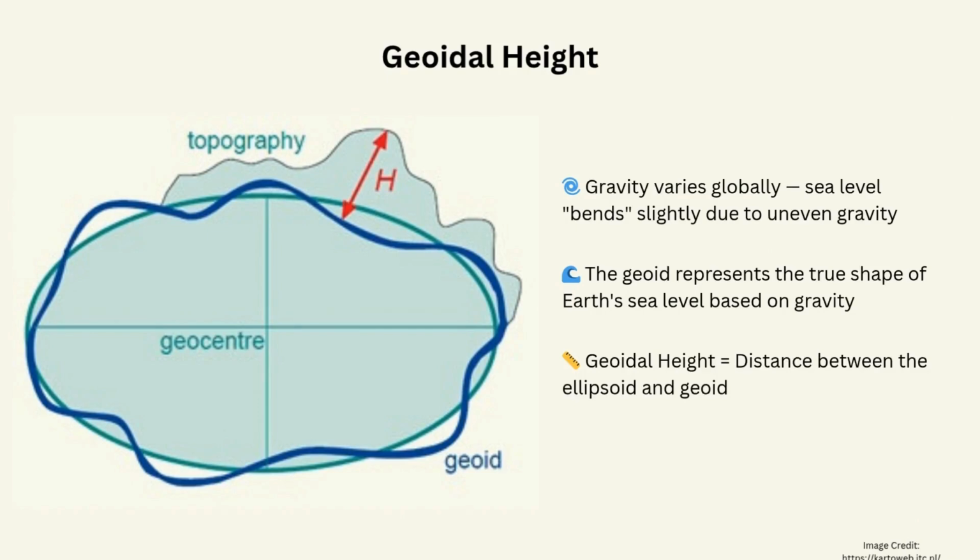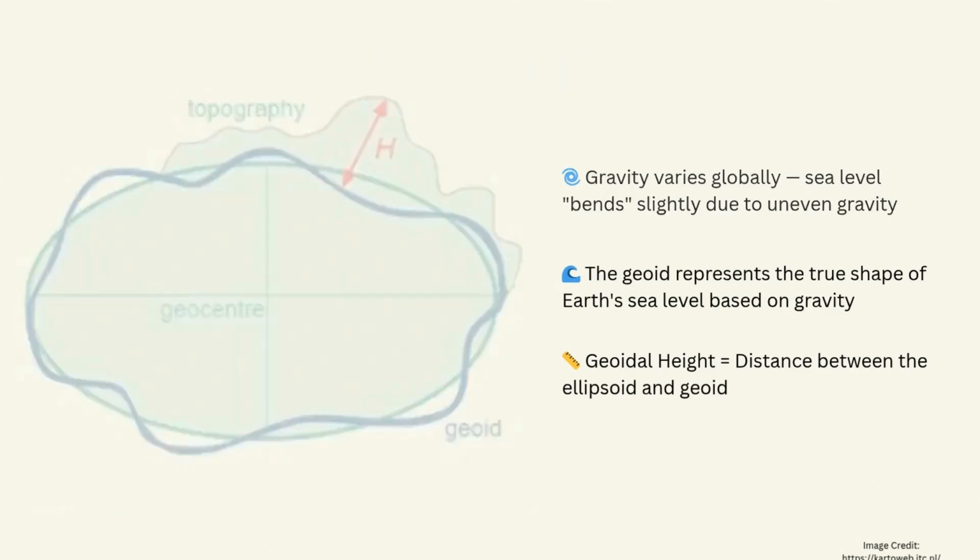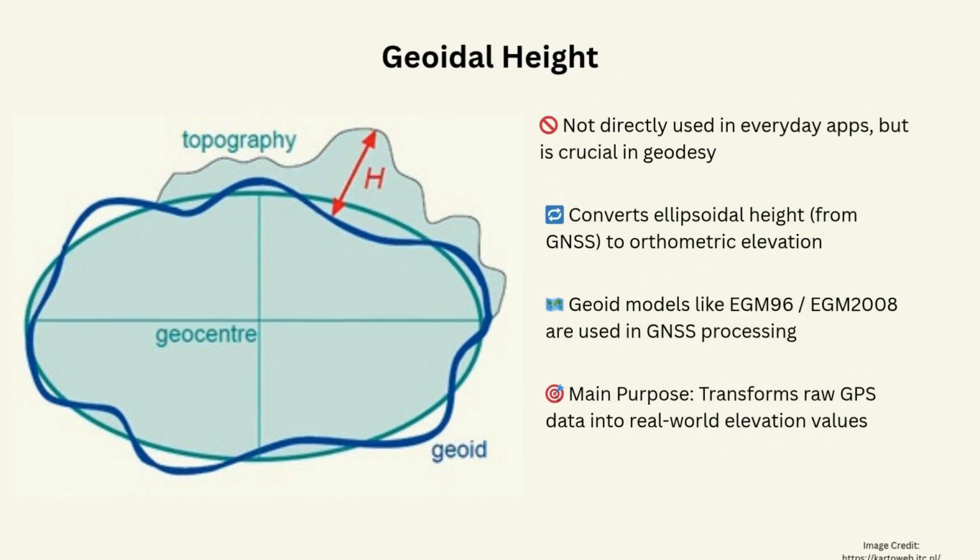It's not something you use directly in everyday applications, but it's essential for converting between ellipsoidal and orthometric elevations. Geoid models like EGM96 or EGM2008 are used globally in GNSS post-processing tools. In short, geoidal height helps us turn raw GPS data into useful elevation values.